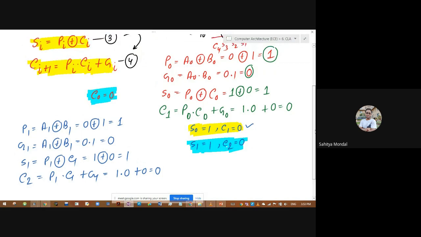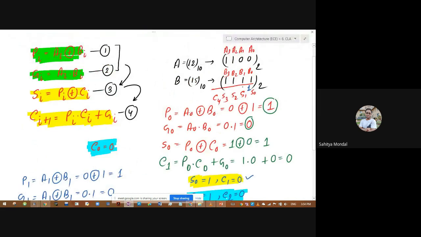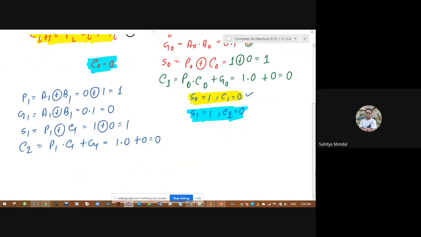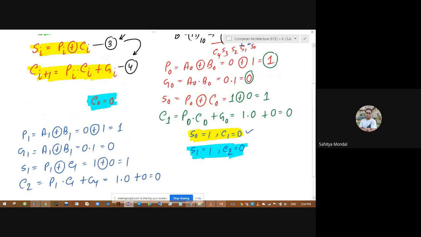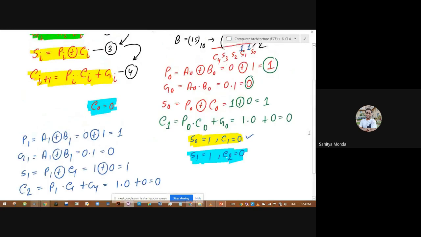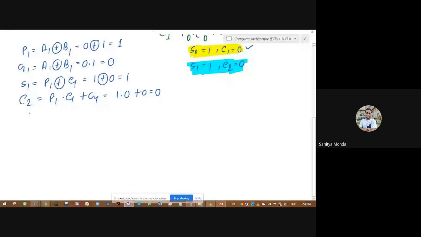So I will put the S1 on the S1 side. Here S1 is also 1. For the third expression, both are 1. So P2 is A2 XOR B2. G2 is A2 XOR B2.